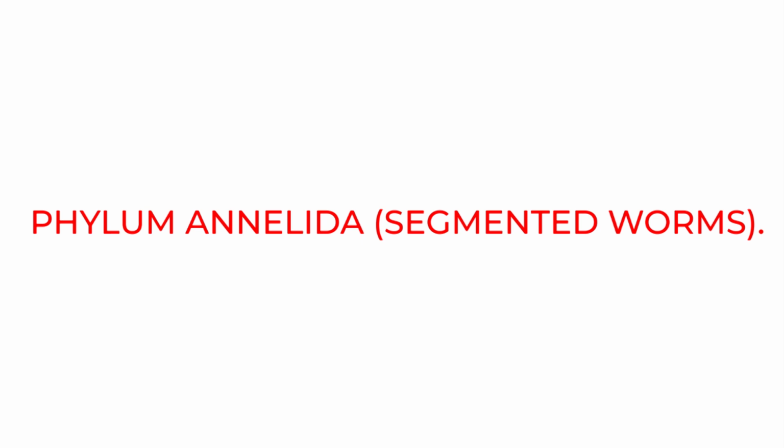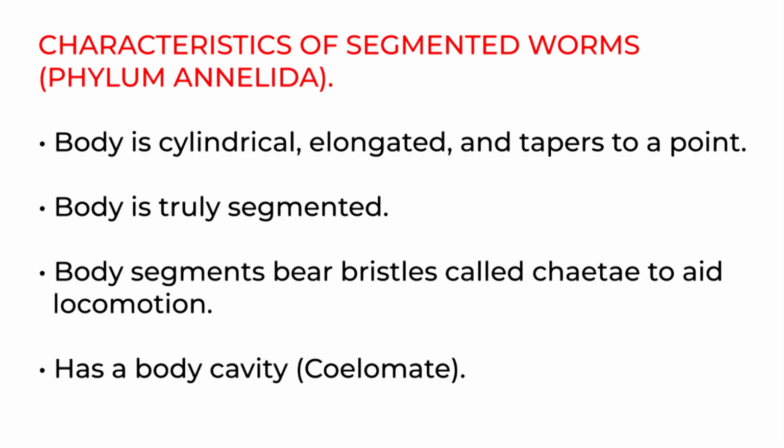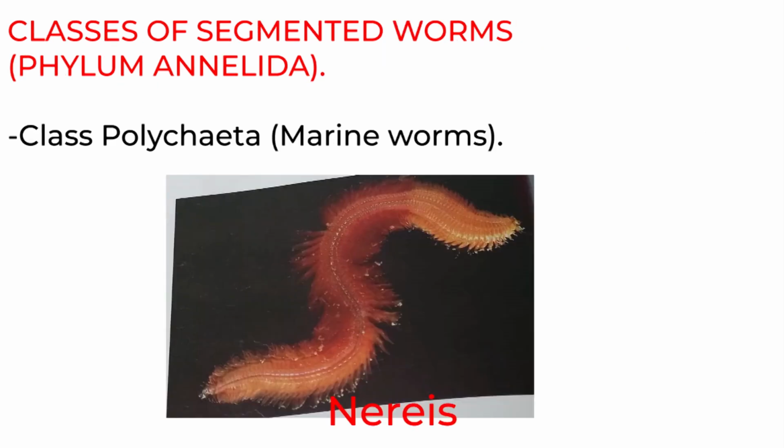Segmented worms, as the name goes: the body is cylindrical, elongated, tapers to a point, and the body is truly segmented. The body segments bear bristles called chaetae to aid locomotion, and the body has a cavity, that is, it is coelomate.